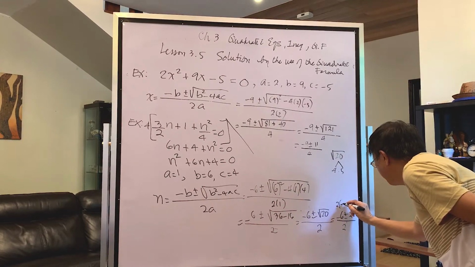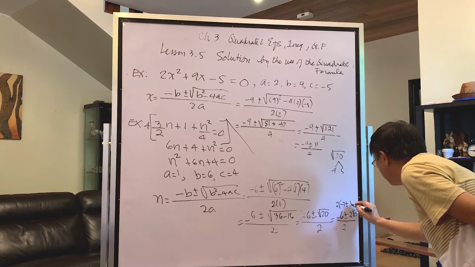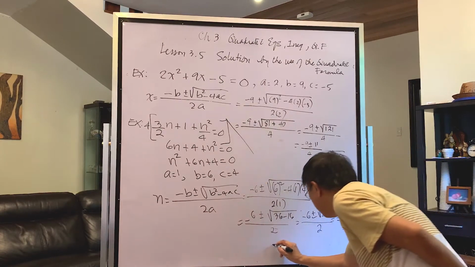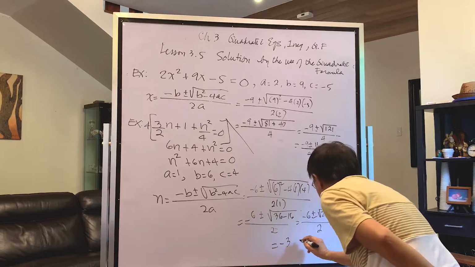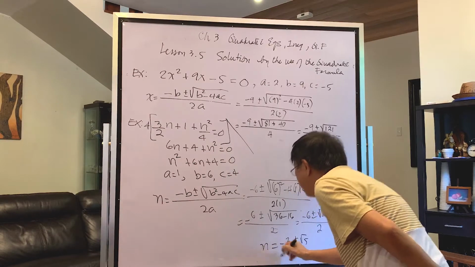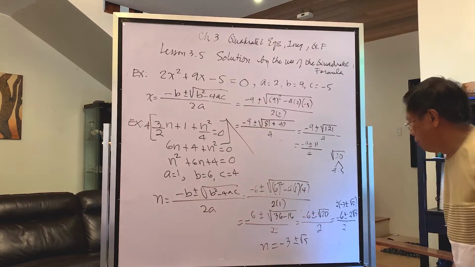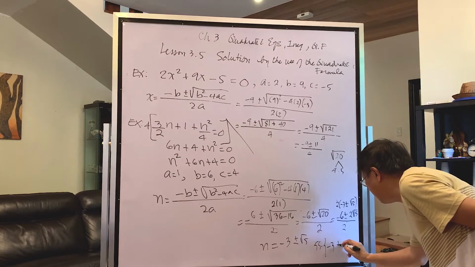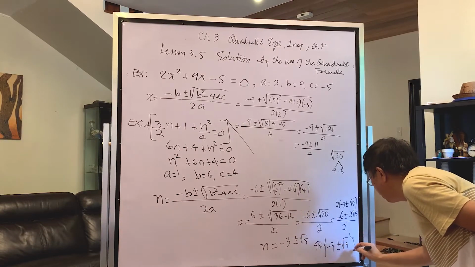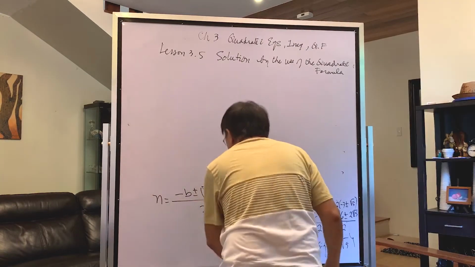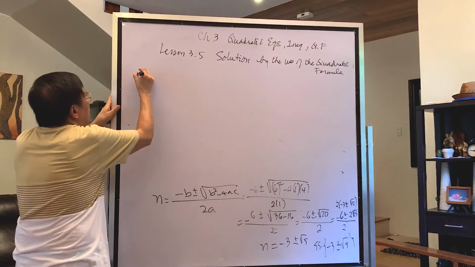So I get 2 times negative 3 plus or minus square root of 5. From here, I can cancel the 2, and I'm left with negative 3 plus or minus square root of 5. This will be the value of my n. Or you can write your solution as minus 3 plus or minus square root of 5, or you may opt to rewrite them separately.